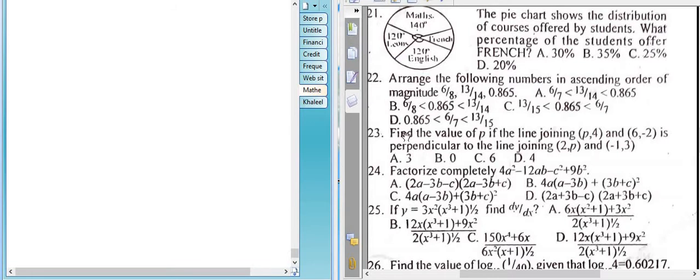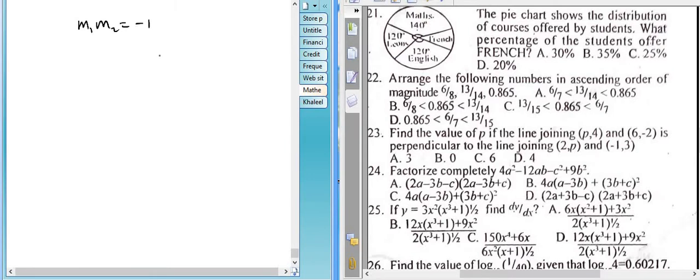23. Find the value of phi, where the line joins this, that's this one, and also it's perpendicular to this one and this one. So we know that for the slopes to be perpendicular, the product of the slopes, that's m1 m2, is going to be -1. That's for the slopes of perpendicular lines.